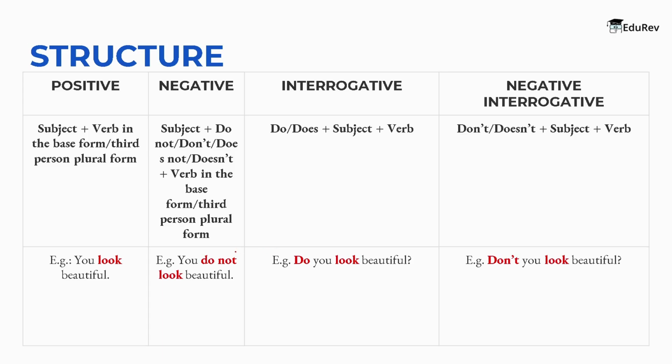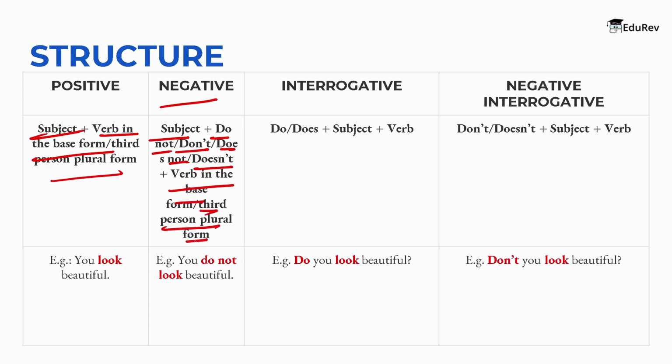For positive, we can use the subject and the verb in the base form or third person singular form. For example, you look beautiful. Similarly, for negative, we use the subject, then do not or don't, or does not or doesn't, the contractions, then the verb in the base form.